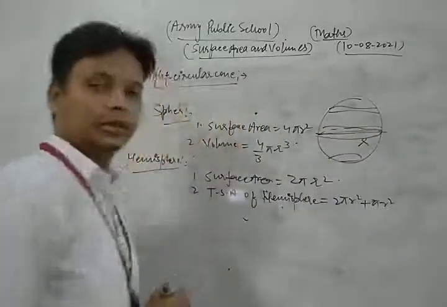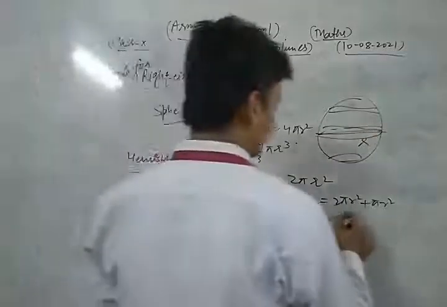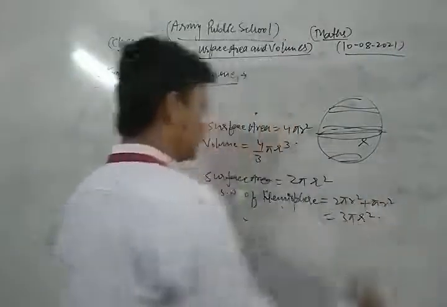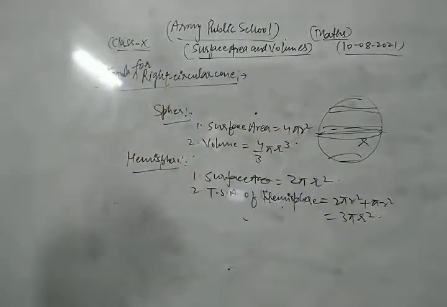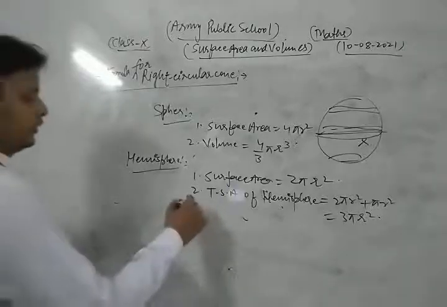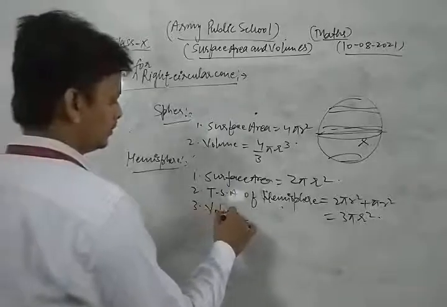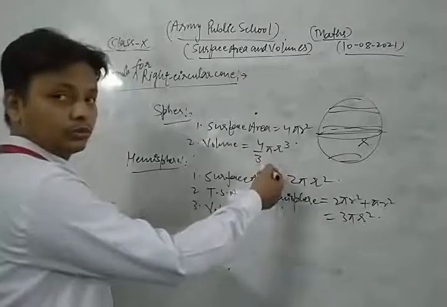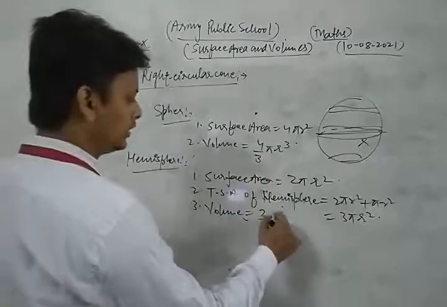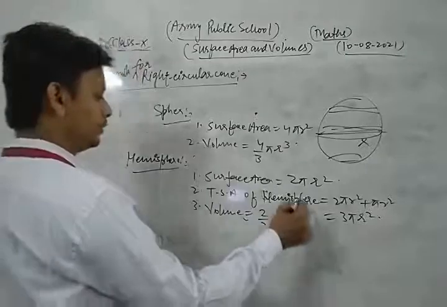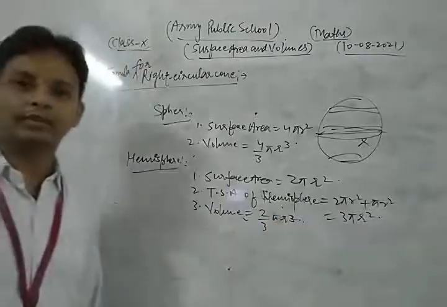This is also circular in region. So we get 3 pi R square. This is the total surface area of hemisphere. And volume of hemisphere, the third one: we divide by 2, so we get 2/3 pi R cube. So this is the concept of hemisphere.